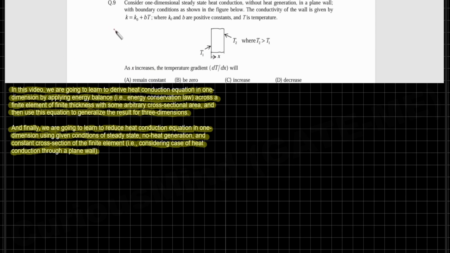And one of the given pieces of information is that the thermal conductivity of the wall material is not constant, rather it is a function of temperature and is given by this expression.